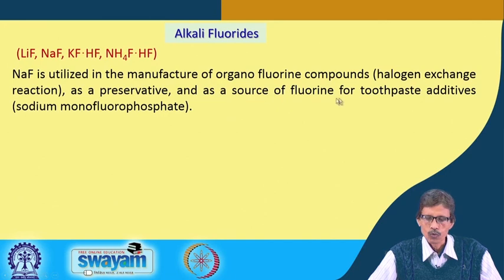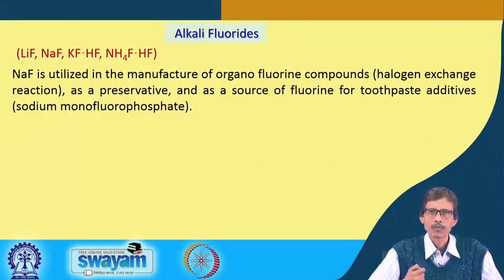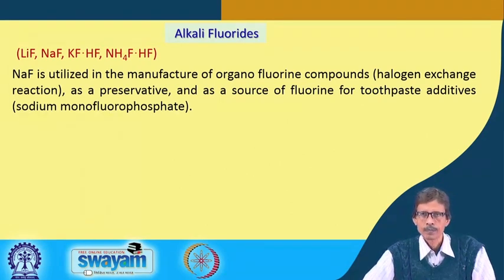And as a source of fluorine for toothpaste additives, because as we have seen, apatite is the building material for your teeth, for your bone, and for your teeth enamel. Instead of hydroxyapatite, you can have the corresponding fluoroapatite, which is much stronger than hydroxyapatite.